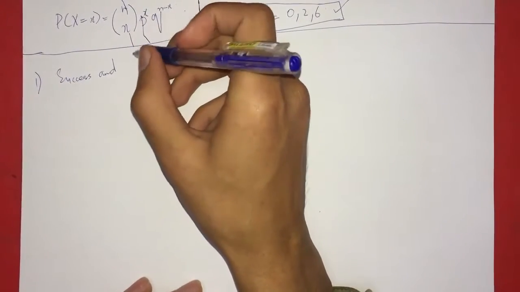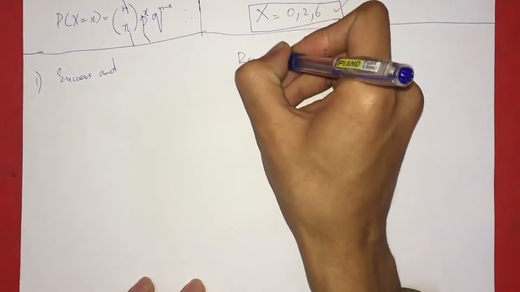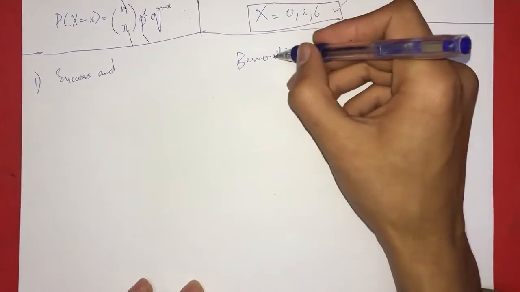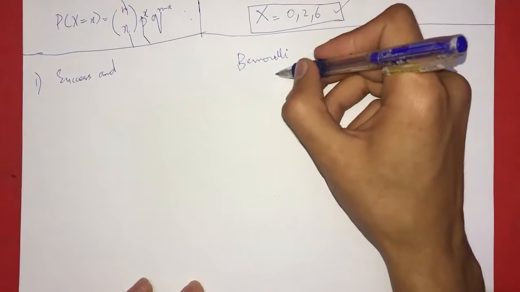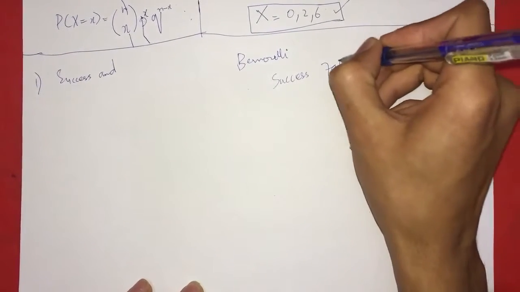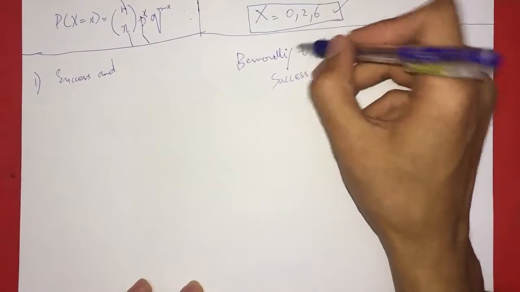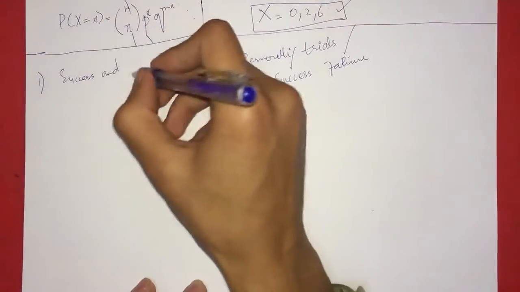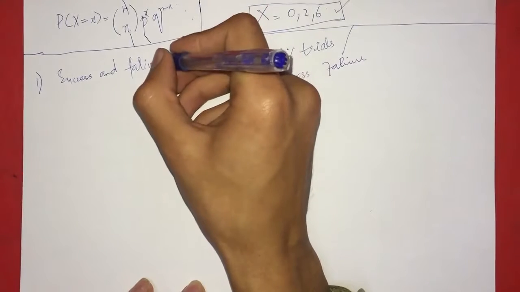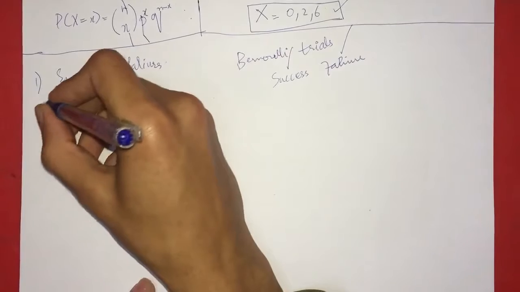So it has to be Bernoulli trials. Bernoulli trials are trials which can have only two outcomes, success or failure. The hypergeometric random variable and distribution can have only two outcomes.